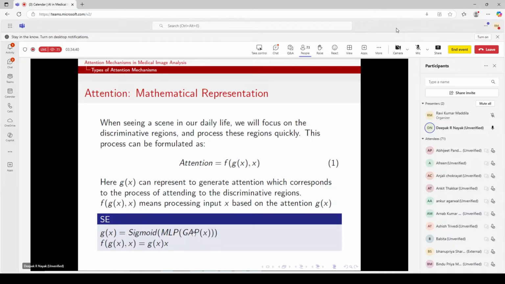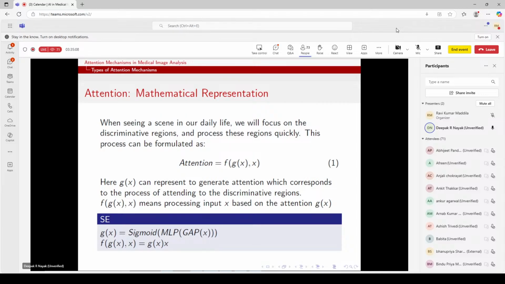You can see here a couple of functions I have applied over the input to get the weights, and those weights will be multiplied with the input. It is simply an element wise product, and what you ultimately get is an attention feature map, from where you can easily get the important information which was not there in the original input. That's how we mathematically define attention.